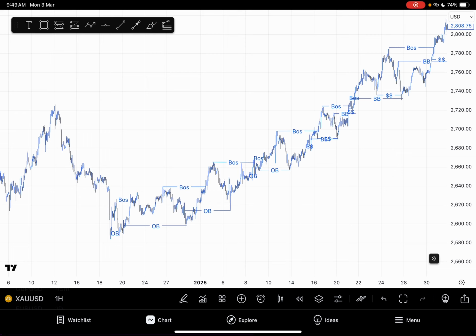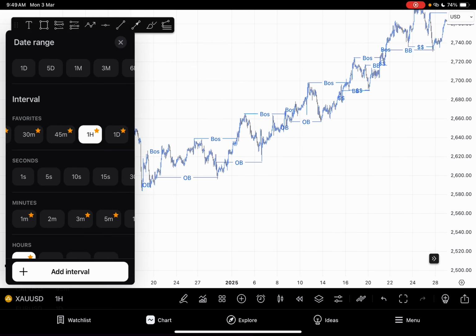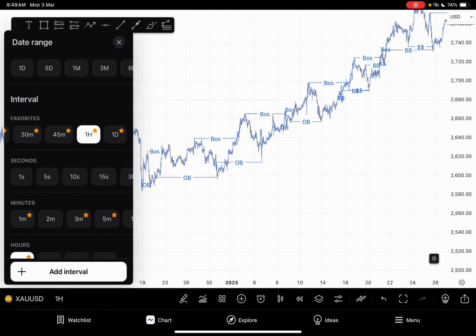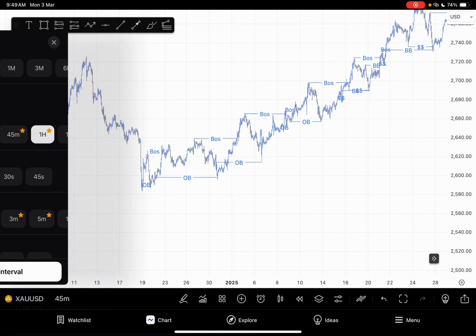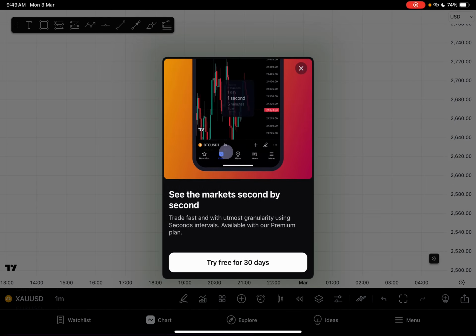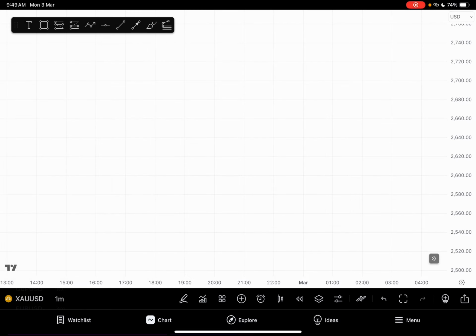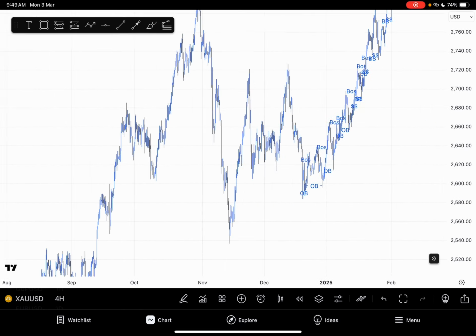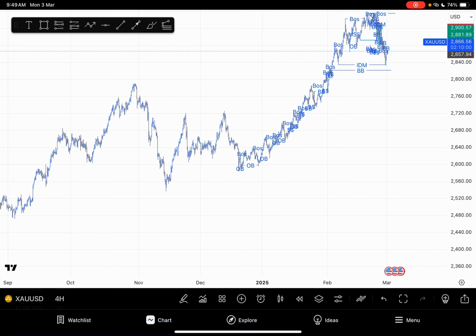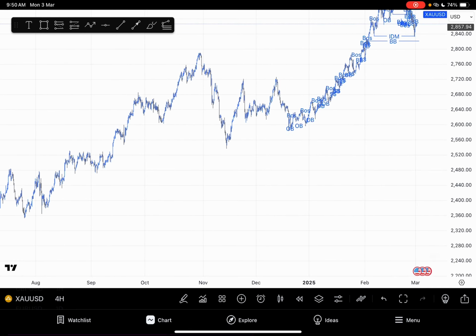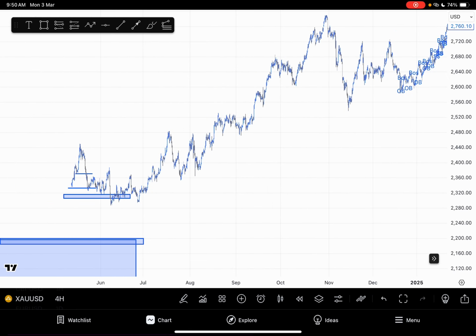I like doing my analysis from, let's say, the 4 hour time frame down to the lower time frame. So from the 4 hour time frame, you can clearly see price is in an uptrend.